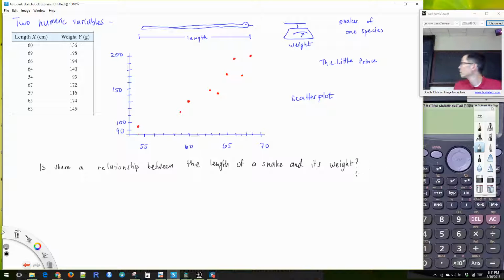Okay, and we would say yes. Snakes that are longer than average tend to weigh more than average.